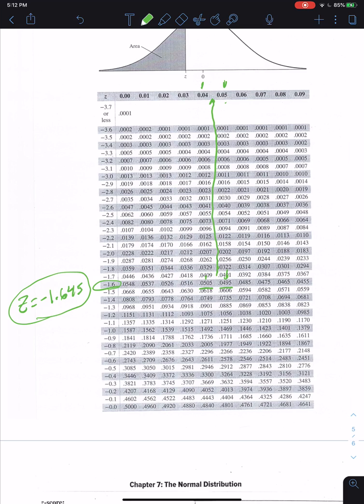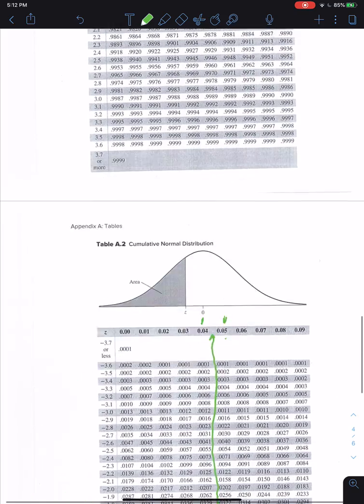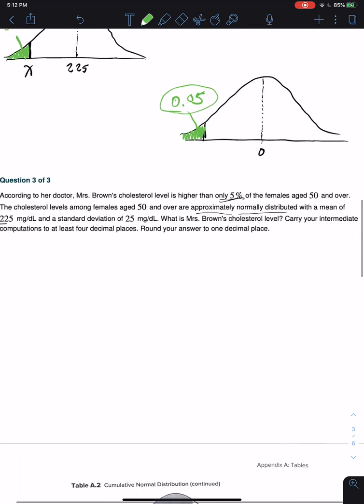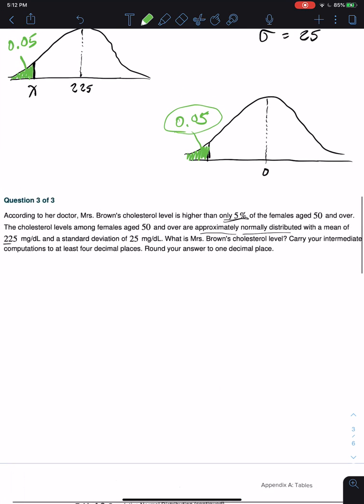Let's take this value and write it in where we have the answer. So this z value associated with an area of 0.05 is approximately negative 1.645. Now, the problem is we want to convert this z-score to a raw score, okay?